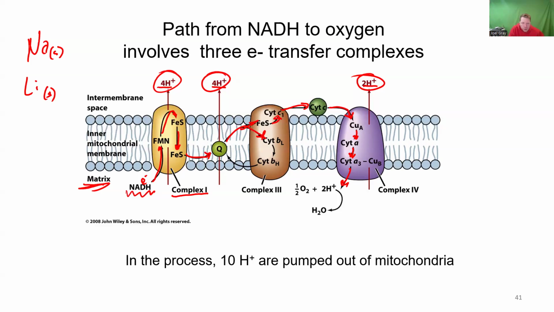So when NADH initiates this movement of electrons, when NADH gets oxidized, electrons start moving, and the flow of those electrons through these different protein complexes leads to the movement of a total of 4, 8, 10 protons.